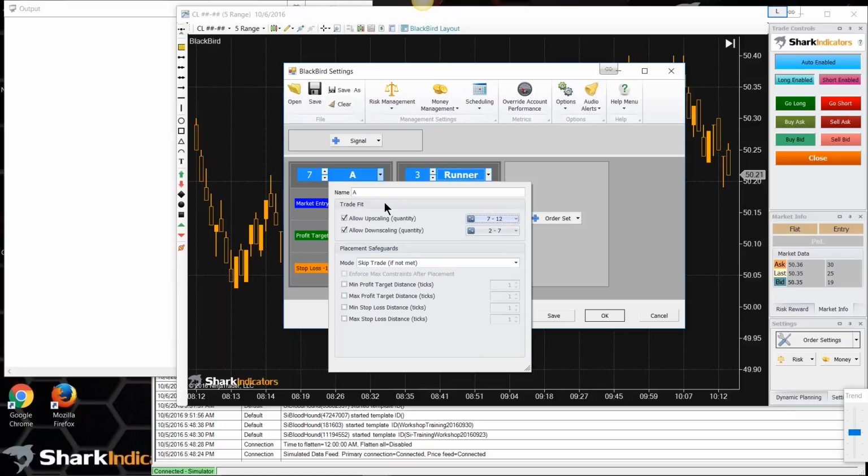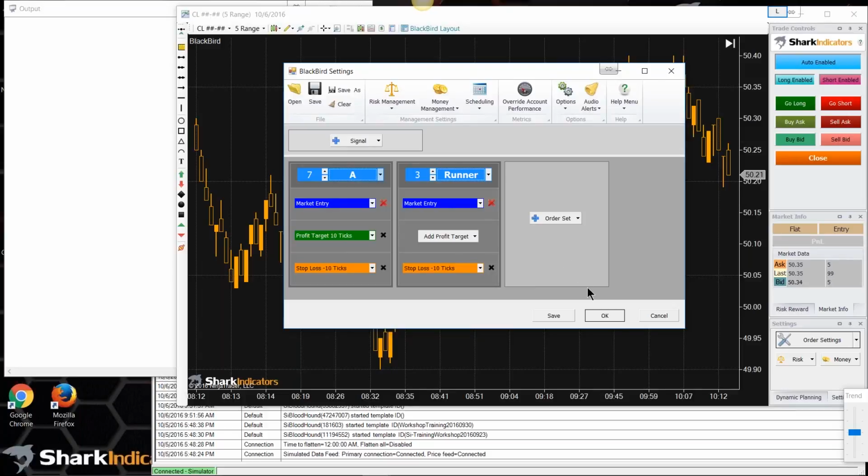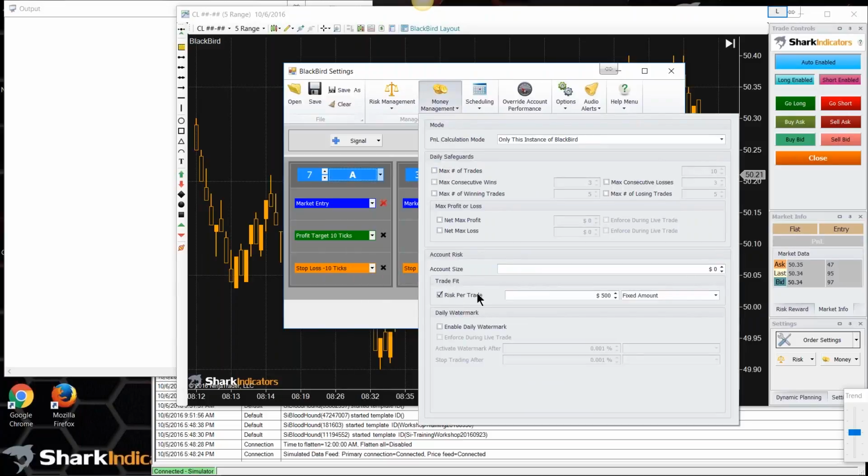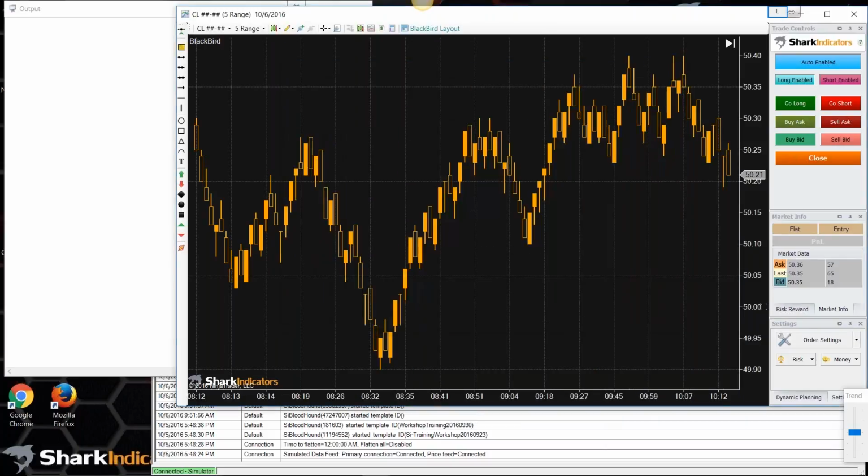Just to illustrate what the trade fit affects, what these trade fit parameters affect here is the dynamic planner.